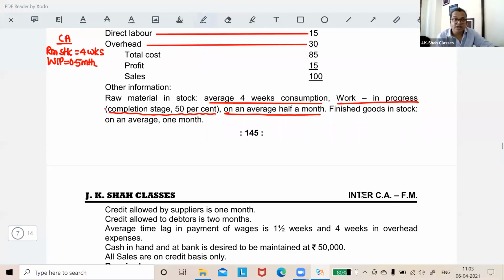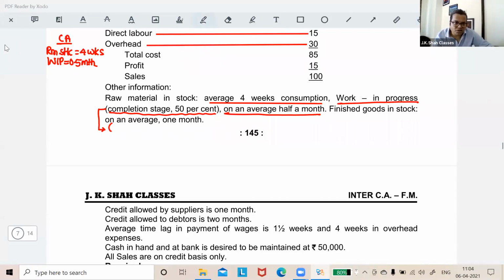You only tell me. Completion stage 50% means what, people?